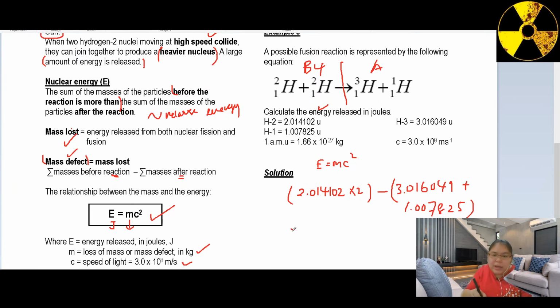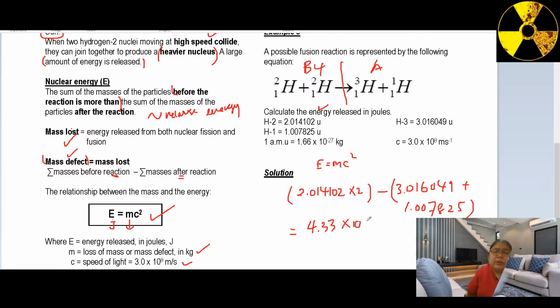After that, you calculate, then you multiply with the kg. Convert to kg. So from here, I get 4.33 times 10 power of, how many?